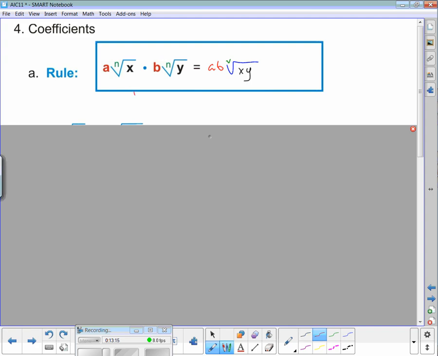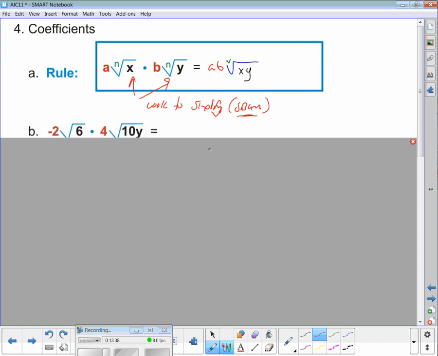Again, look to simplify. Right? SBUM. Simplify before you multiply. Will you always be able to simplify there? No. But at times, you can.